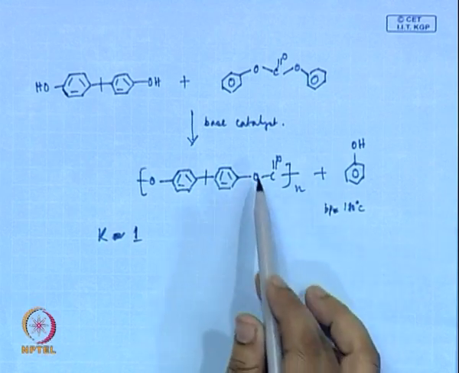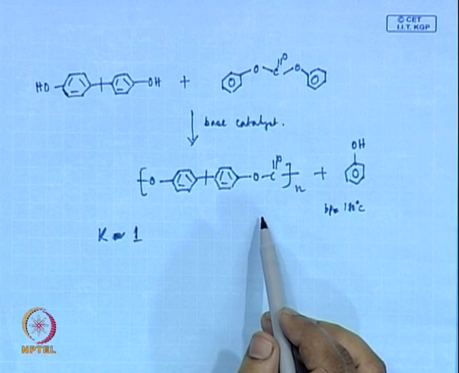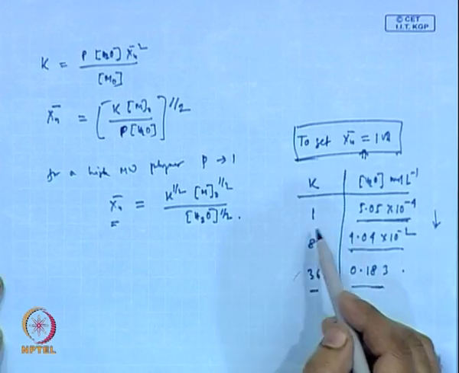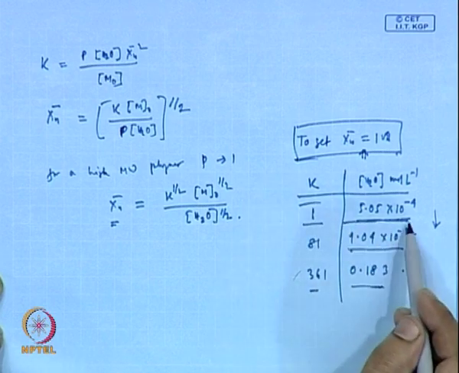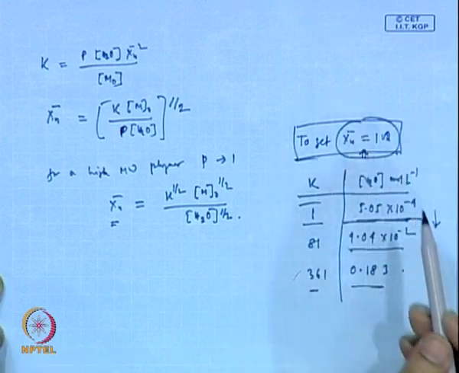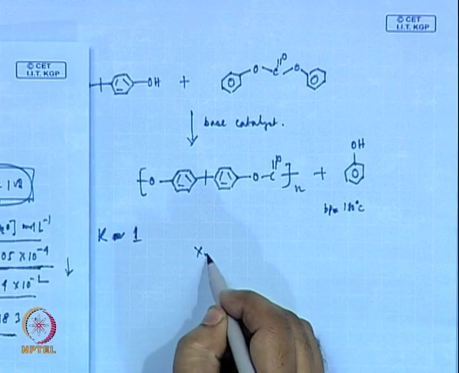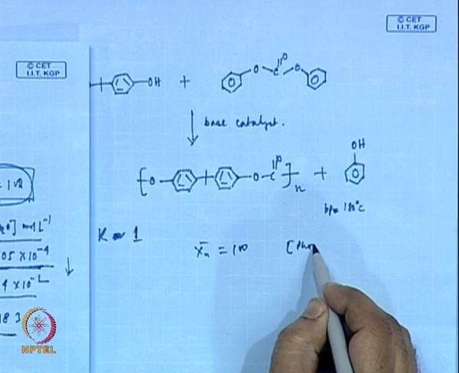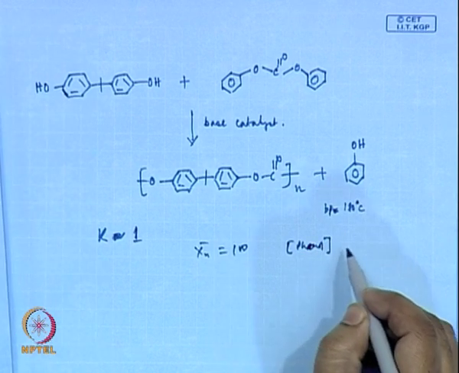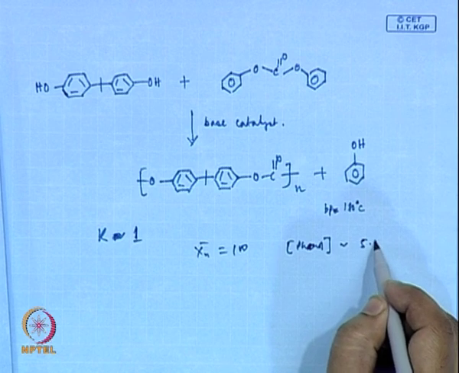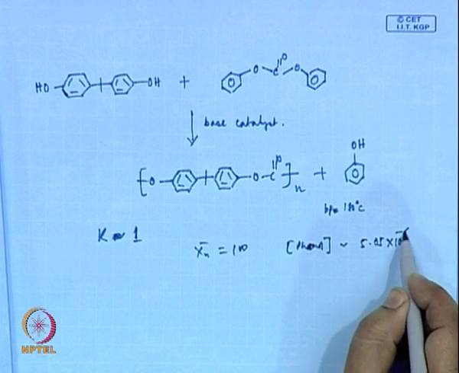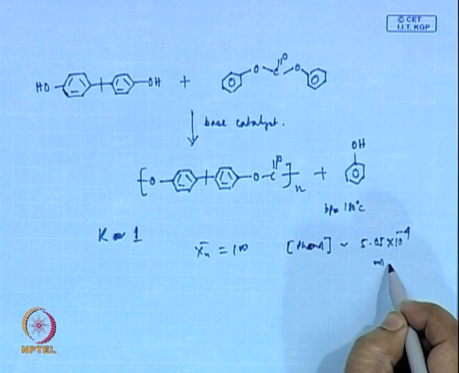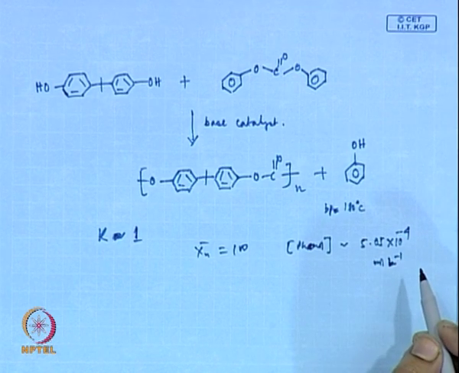So, here to build a molecular weight, if I consider this same as the H2O case in the last slide, this K is 1. So, to build an xn of 100, the phenol concentration should be 5.05 times 10 to the power minus 4 moles per liter.